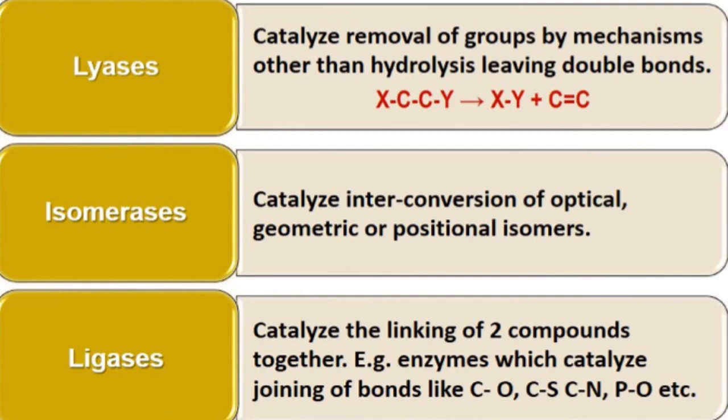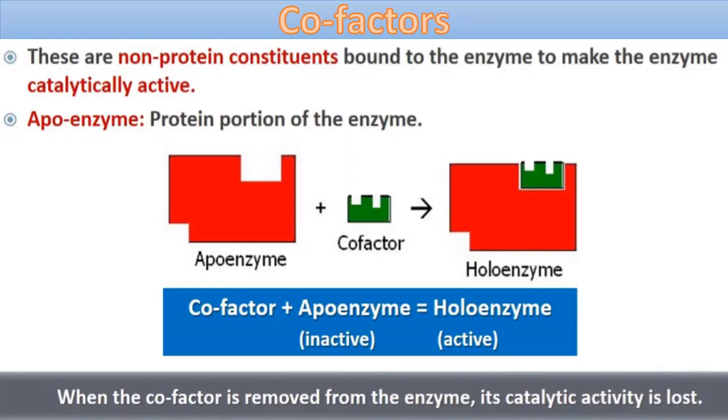So this is all about the classification and nomenclature of enzymes. Our next topic is cofactors. Cofactors are non-protein constituents bound to the enzyme to make the enzyme catalytically active. Without these cofactors, enzymes are not active.